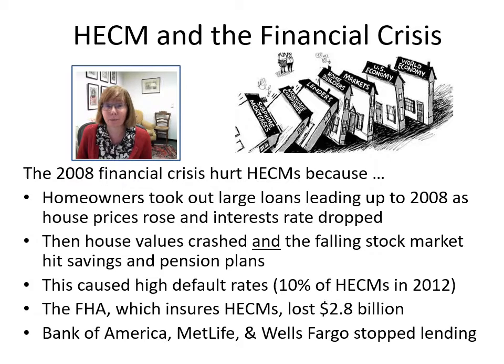So did savings and pensions. And having blown the loan against their house, the borrower was left with not enough to live on, or not enough to pay the property tax and insurance on the house, and lost the house. And on the following slides, we'll see how the rules have been tightened up to discourage that kind of bad decision making.